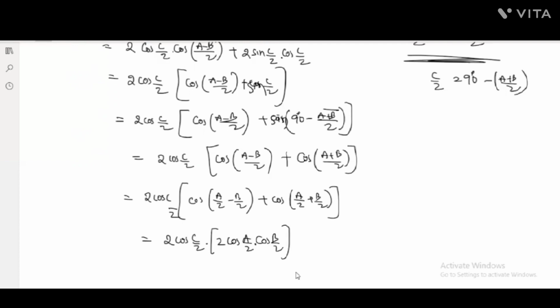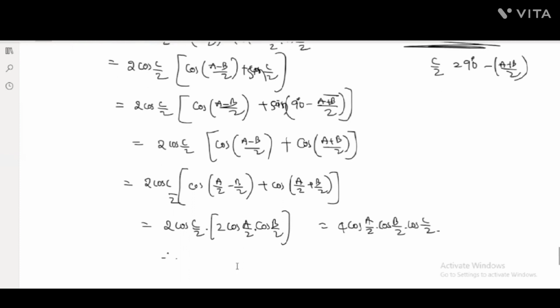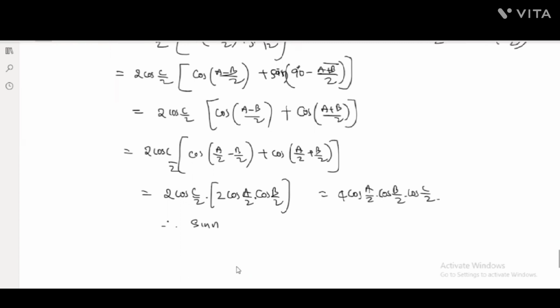So by this we will get 4 cos a by 2 into cos b by 2 into cos c by 2. Therefore sin a plus sin b plus sin c is equal to 4 cos a by 2 cos b by 2 cos c by 2.